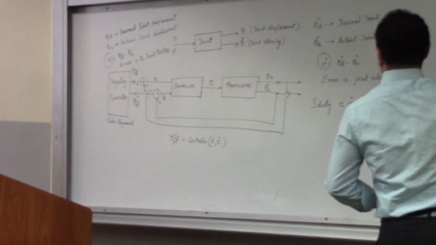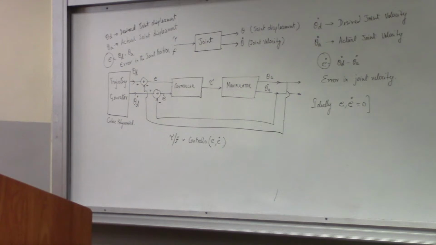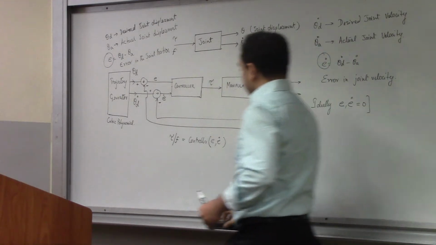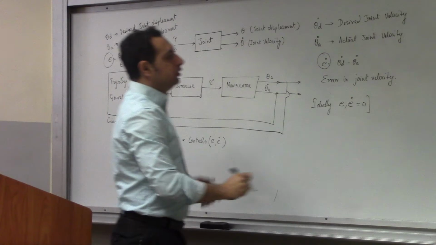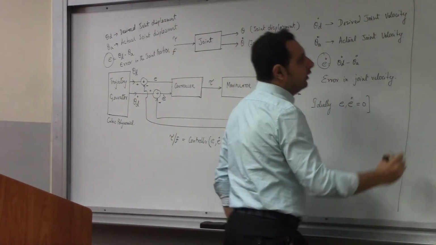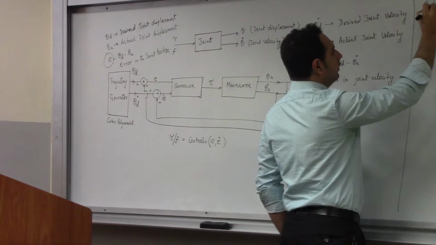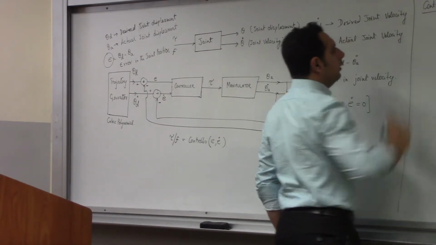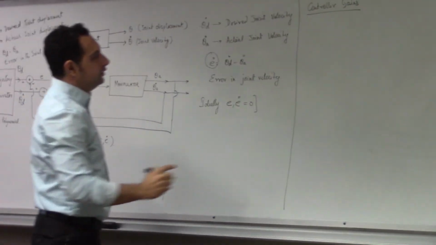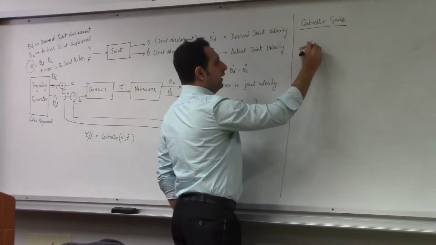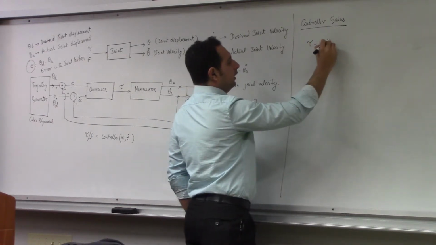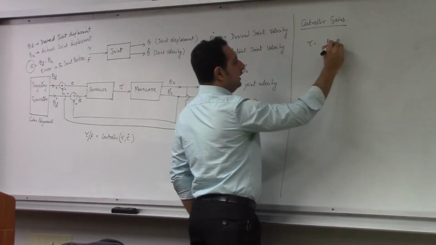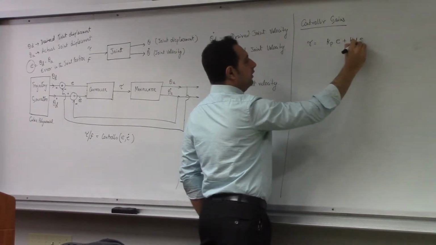So in this case, if you're using two parameters, we use what is known as controller gains. So let's say we have two gains. In the simplest form, we'll write tau as Kp times E plus Kd times E dot.